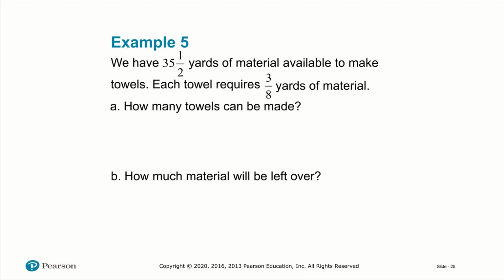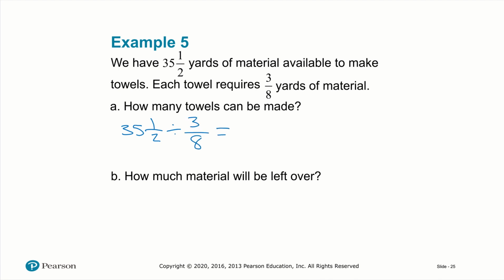Here's another application. We have 35.5 yards of material available to make towels. Each towel requires 3/8 of a yard, and we want to know how many towels can be made. So again, a simple division problem. We're going to divide 35.5 by 3/8.